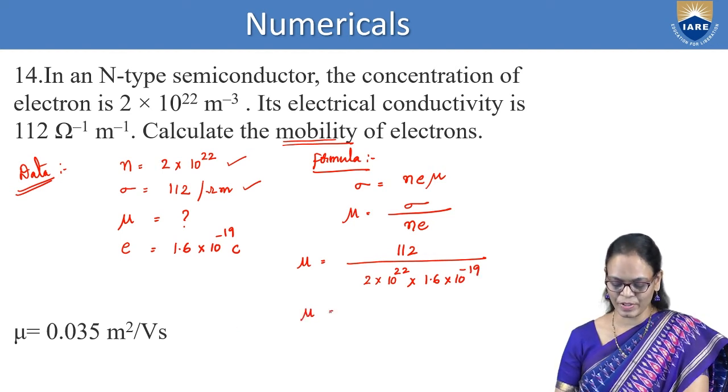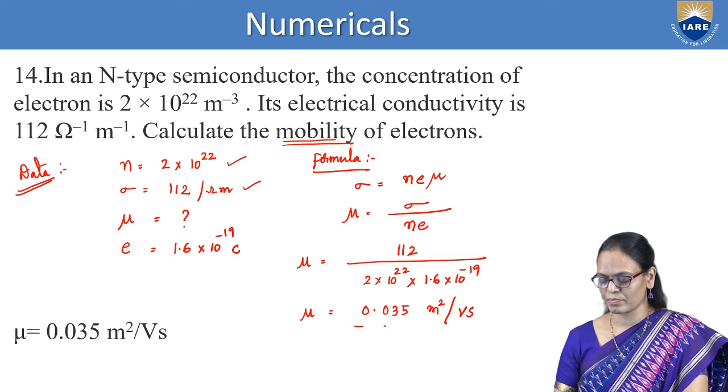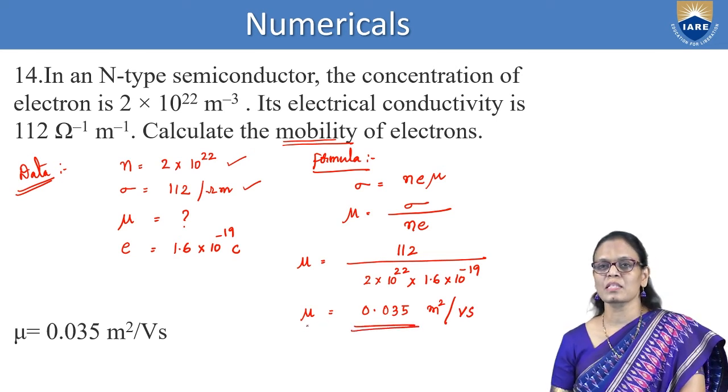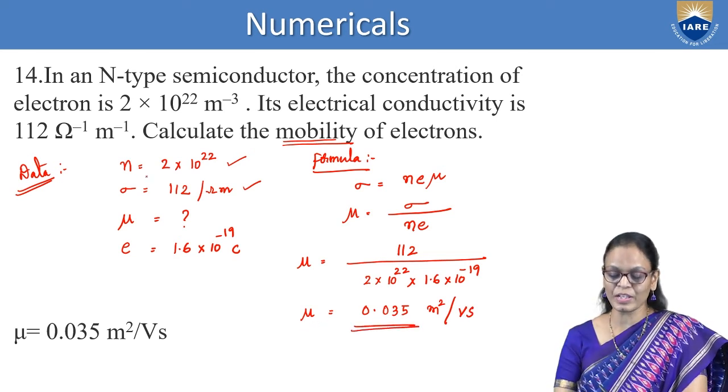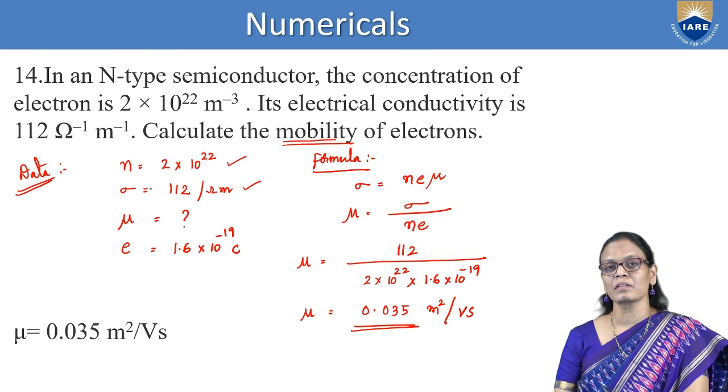So, simplifying, we get mu is equal to 0.035 meter square per volt second. So, this is the mobility we are getting given the value of N and sigma, that is charge carrier density and conductivity.